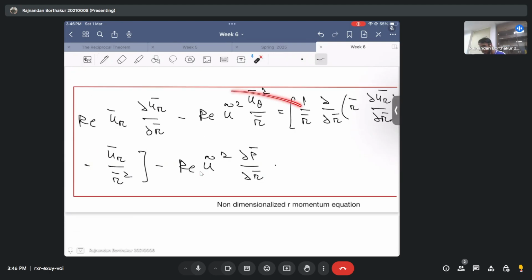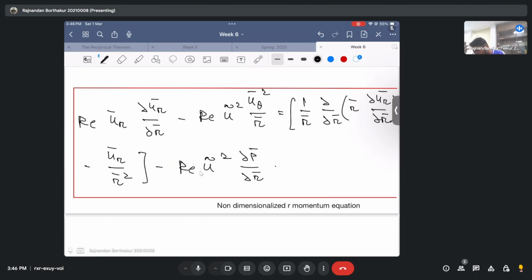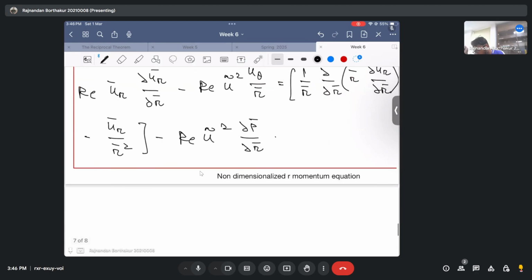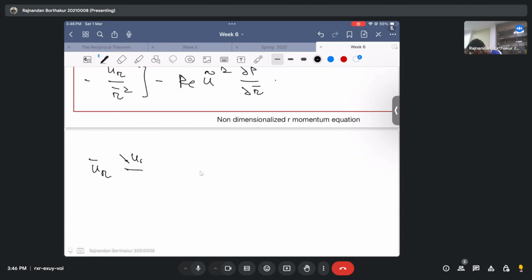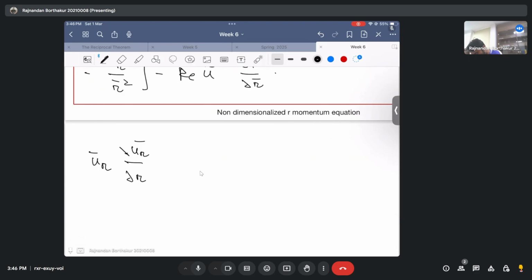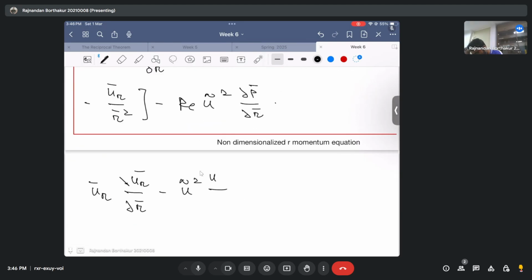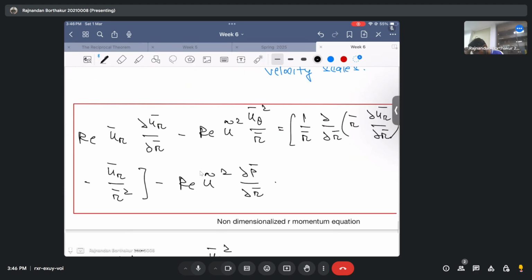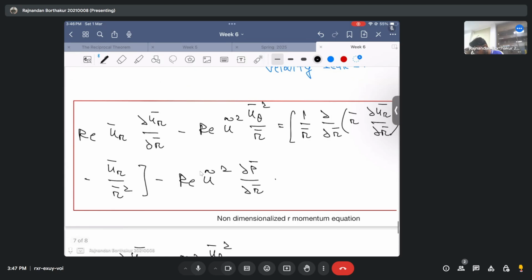What I will do is divide this equation by the Reynolds number. If I divide this entire equation by the Reynolds number, I get UR bar times del UR bar by del R bar, minus U tilde squared times U theta bar squared by R bar. Just hold on, did I make any mistake?